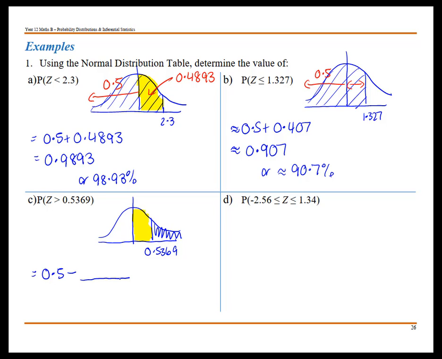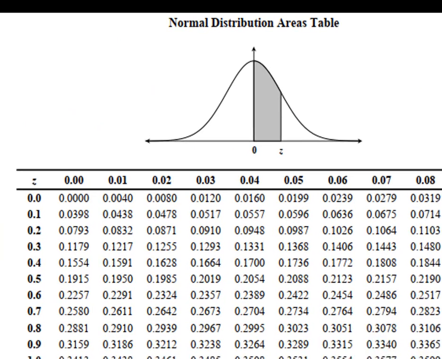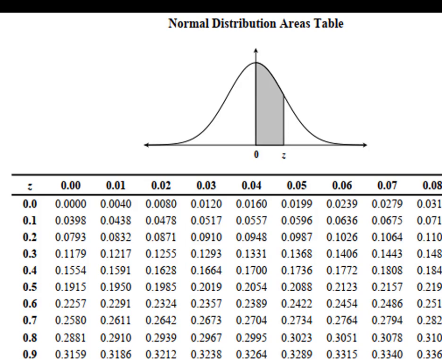So going to my normal distribution table, I'm looking for 0.5369. It's probably going to be closer to your 0.534.